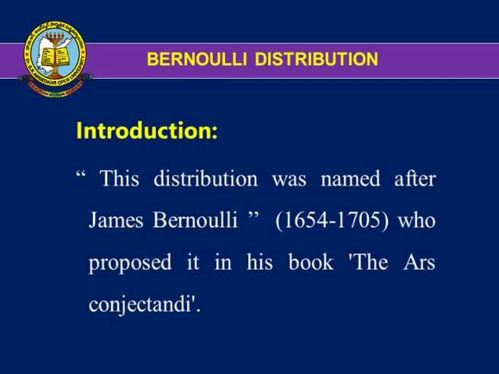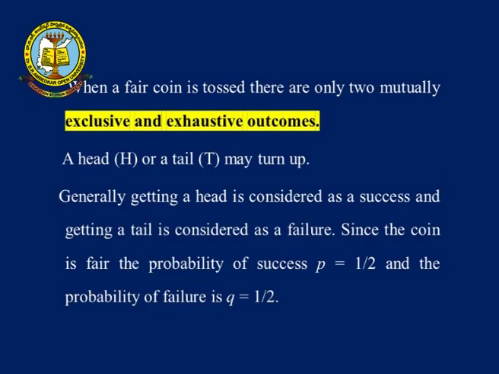Bernoulli distribution. Who introduced the Bernoulli distribution? This distribution was named after James Bernoulli, 1654 to 1705, who proposed it in his book The Ars Conjectandi. When a fair coin is tossed, there are only two mutually exclusive and exhaustive outcomes.